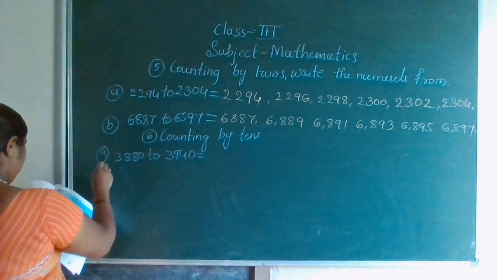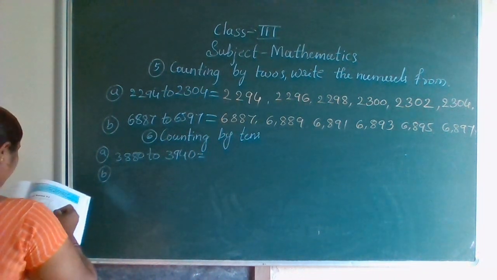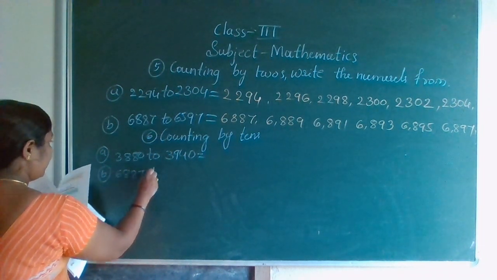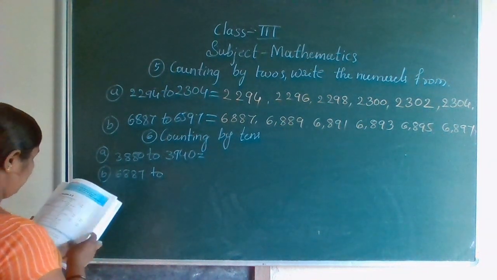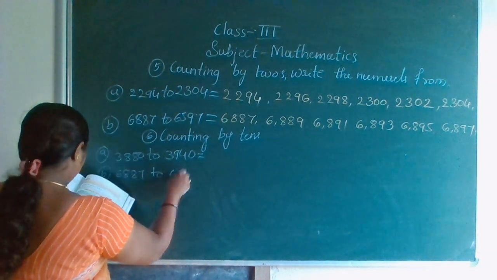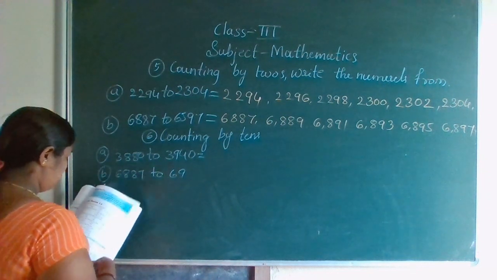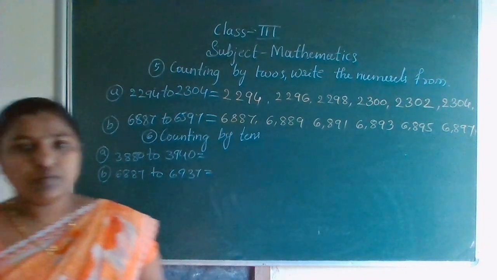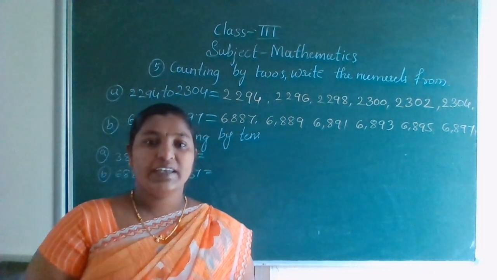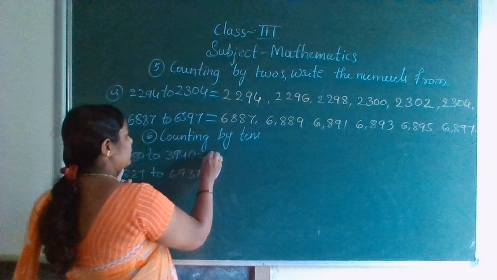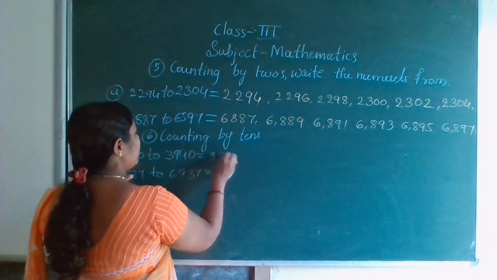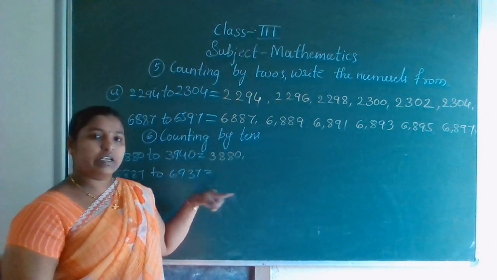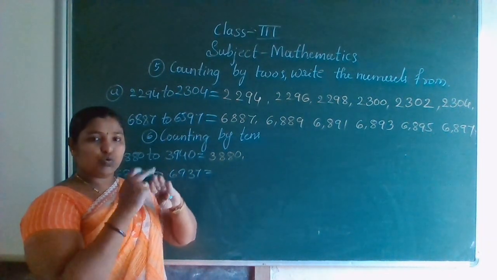Next B, 6887 to 6937. These two problems we should do counting by tens. So the first number is 3880. For this we should add 10 again and again, or you can count.